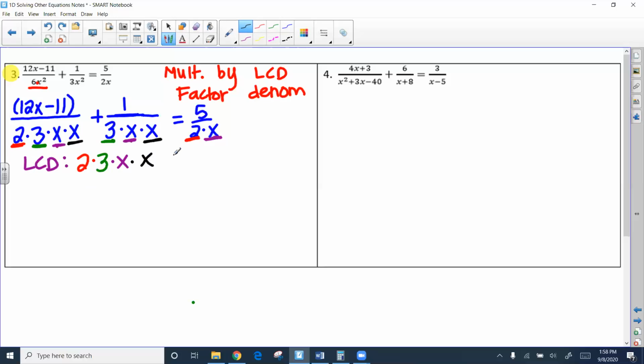All right, once we know the LCD, I need to multiply everything by the LCD. And again, I take the time to write it out in factored form because then I know exactly what's going to cross out. Right, so this first fraction, I'm going to multiply by 2 times 3 times x times x. I'm going to multiply the second fraction by 2 times 3 times x, and I'm going to multiply the other side of the equation by 2 times 3 times x times x.